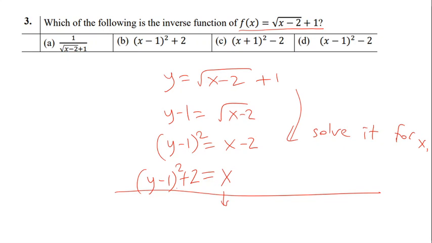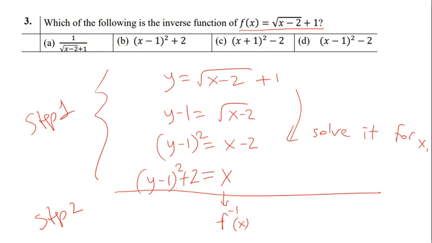So here, this is the first step. Step 2 is changing them. This is f inverse of x, and it will be x minus 1 squared plus 2.